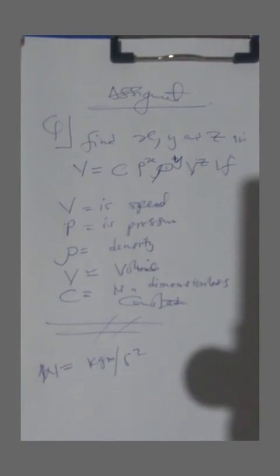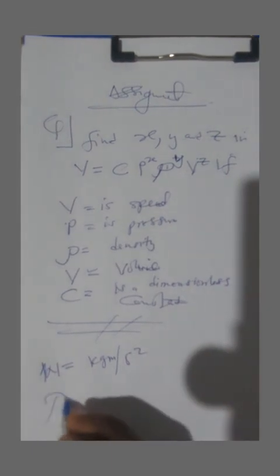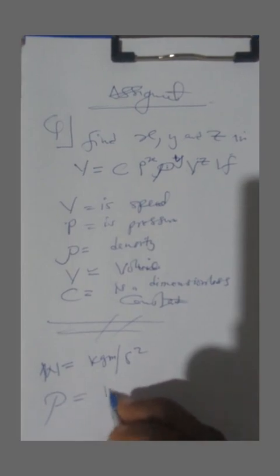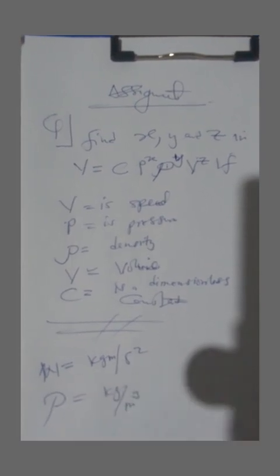Density is in kg per meter cube, and volume is meter cube. C has no unit, it's a constant.